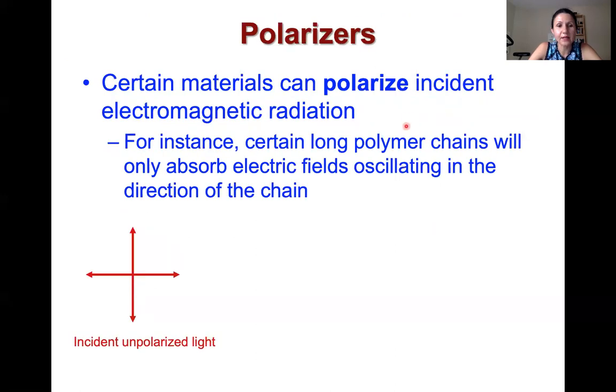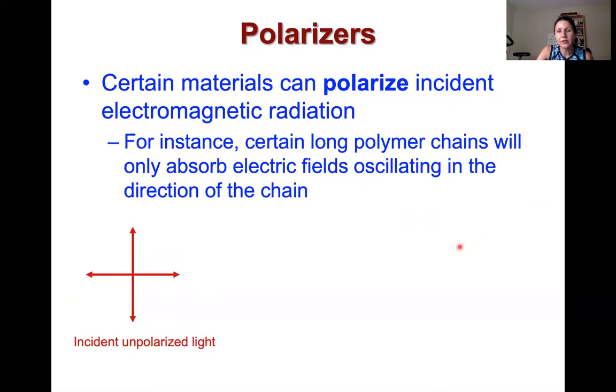Okay, so an interesting thing is that there are materials known as polarizers that can take unpolarized light. Imagine here's your incident unpolarized light, and these just represent the fact that there's a bunch of waves with random polarizations, and these are the X and the Y components.